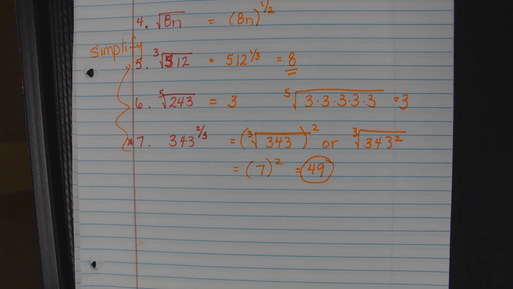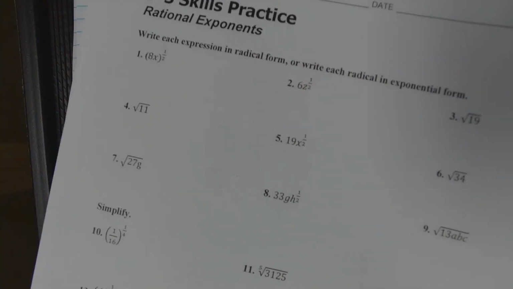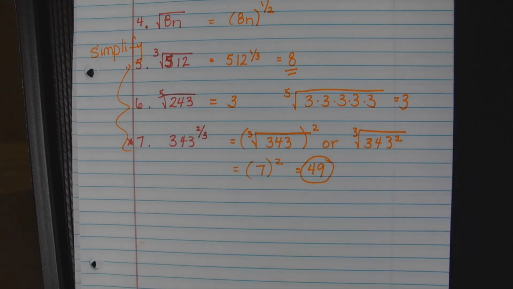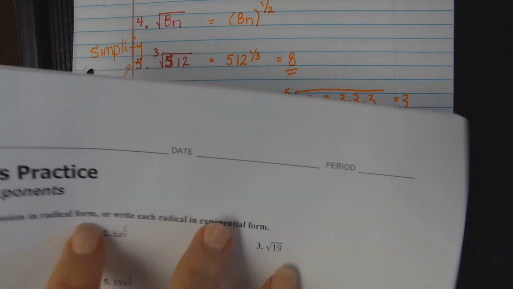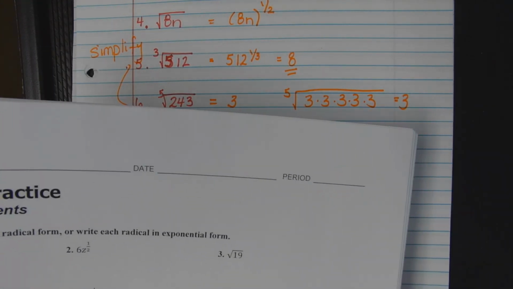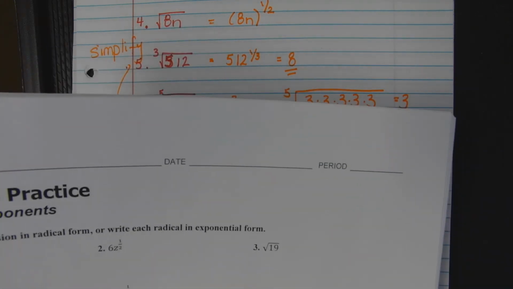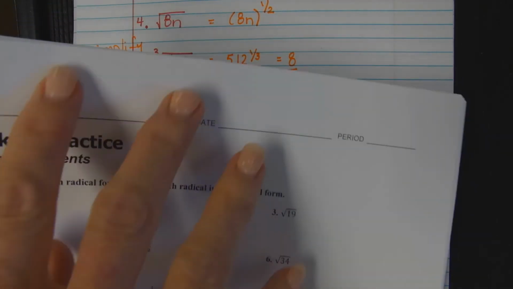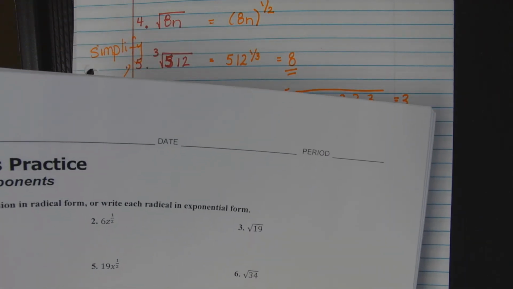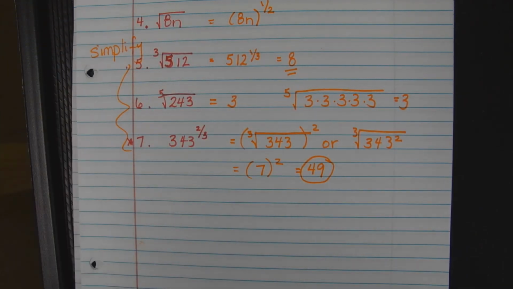I am giving you this sheet. I need this back tomorrow. Your homework is part of this, so you're going to do part of it for homework. We will finish most of this in class tomorrow. Now here's my plan.